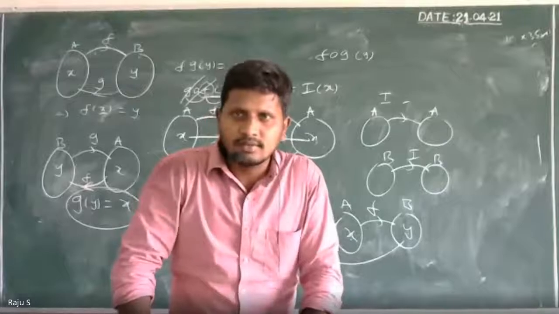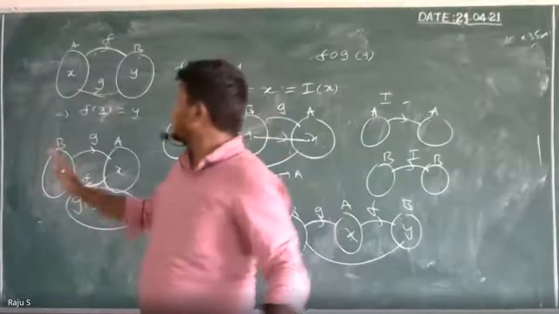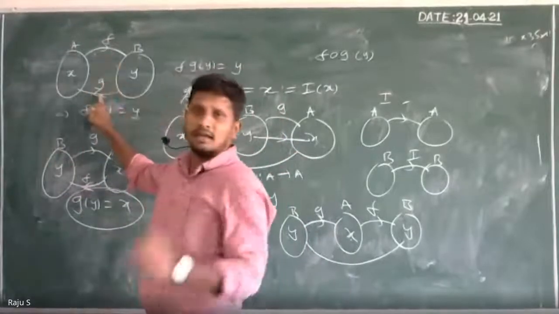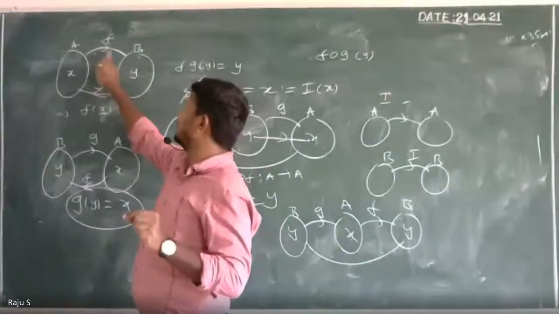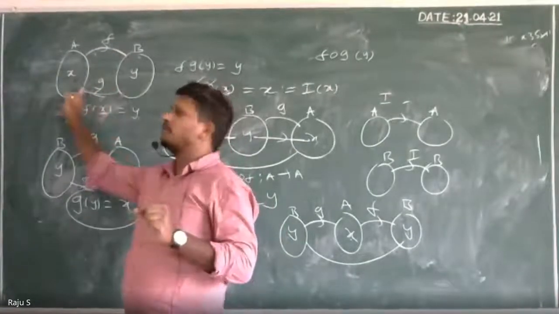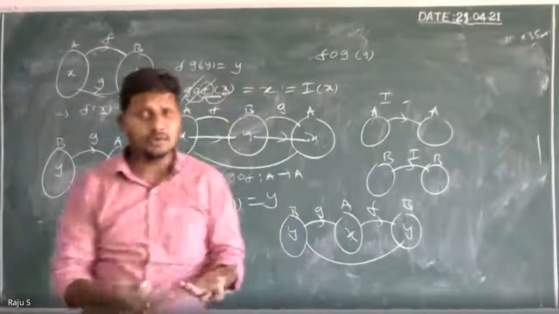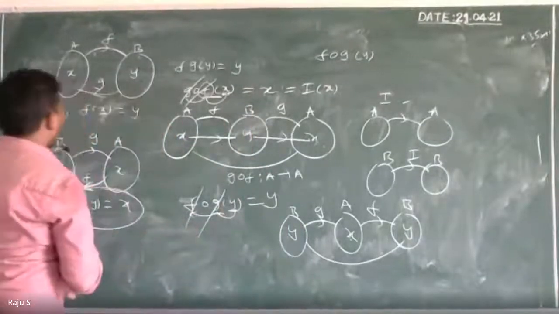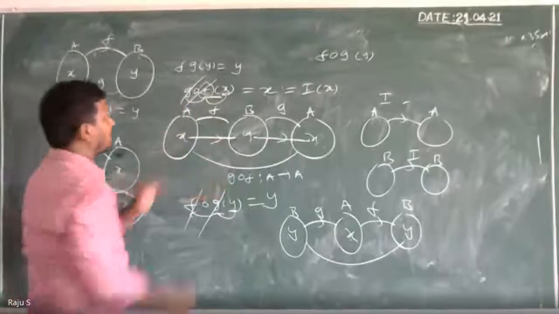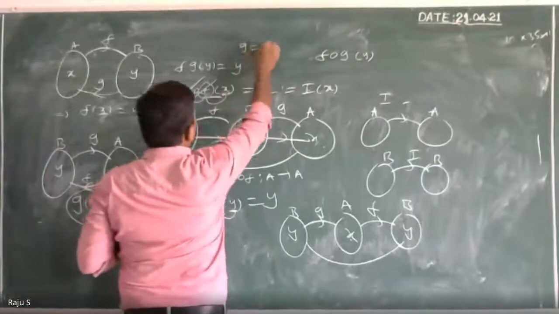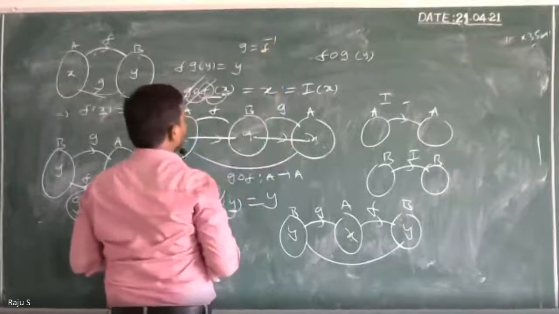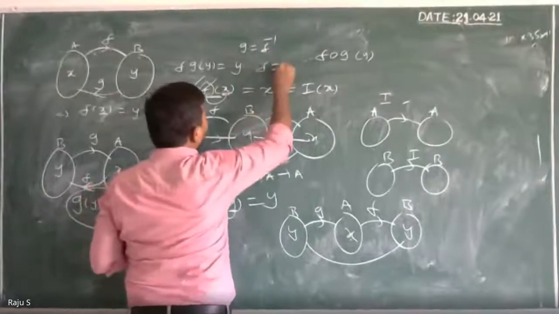Is it clear? Okay. So here f and g are inverse to each other. f is mapping from A to B, g is mapping from B to A. f and g are inverse. Then how can you represent it? I'm saying that f and g are inverse, so it can be written as g is equal to f inverse, or f is equal to g inverse.